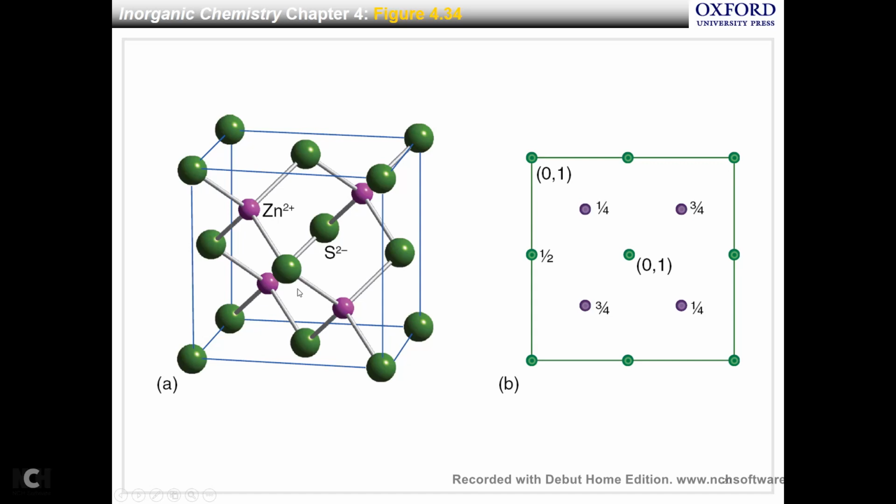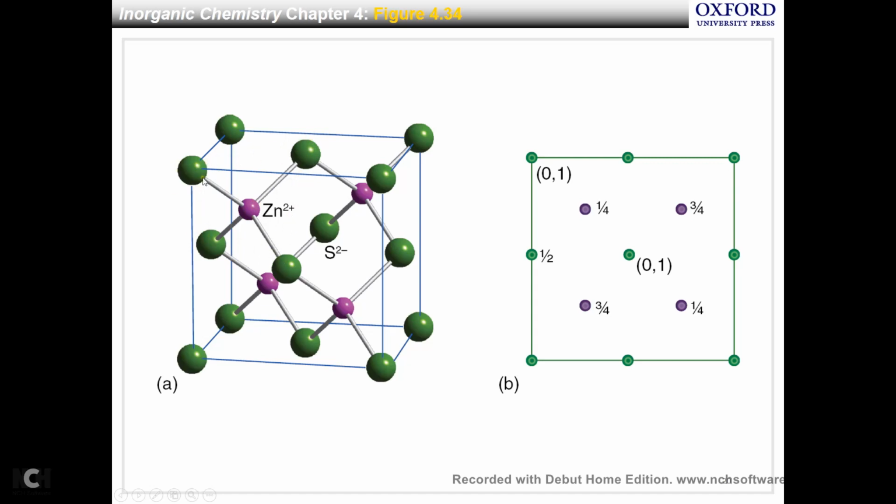This is another different structure. If you look at the sulfide, the green ones, it's face-centered cubic. So this is face-centered cubic. This zinc 2 plus simply occupies the unused space inside 1, 2, 3, 4, inside this tetrahedron.